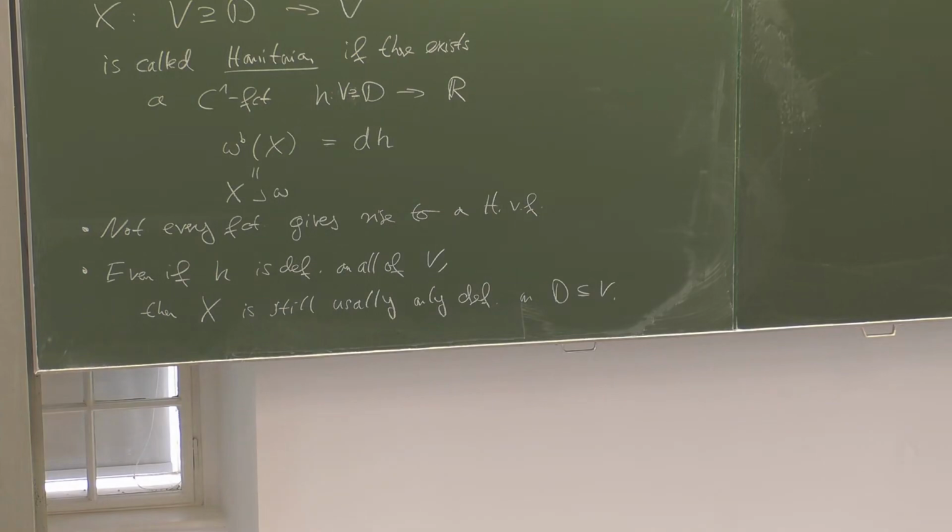Can I ask you something? Omega flat goes from V to V prime, right? Yes. But X is a map from D to V. I don't understand how you apply omega?